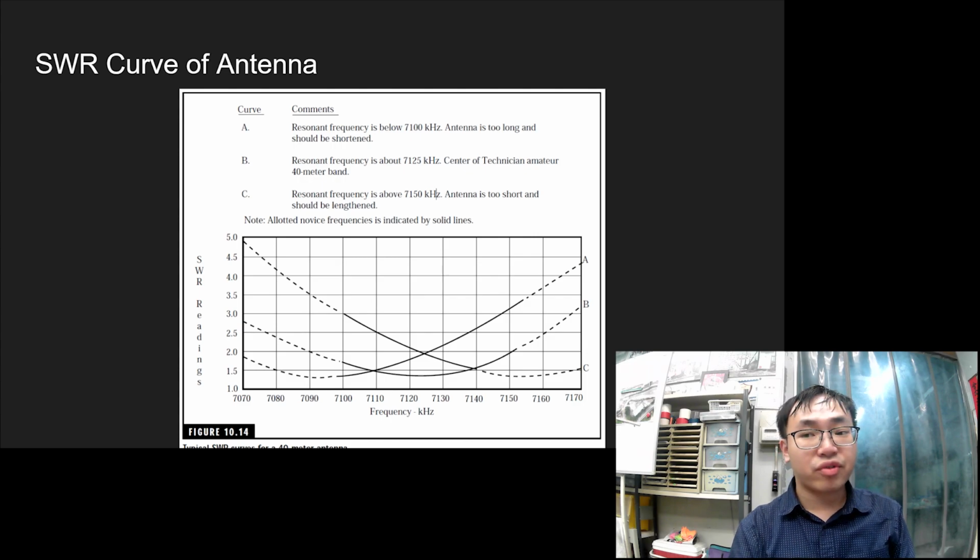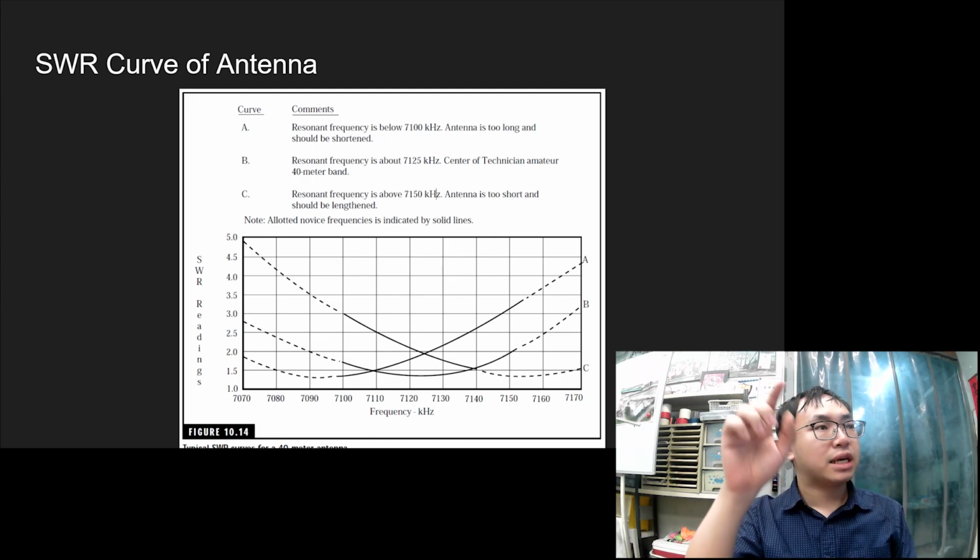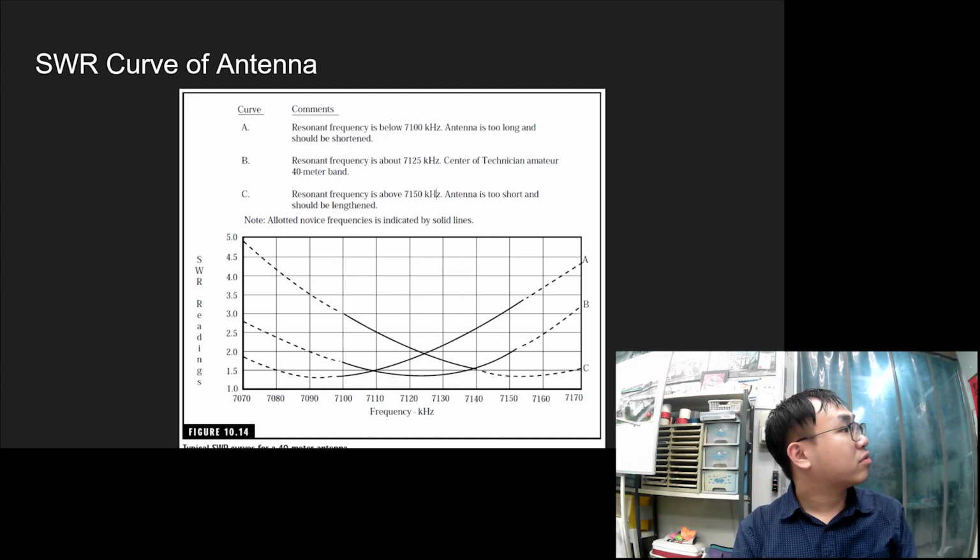So to increase the frequency, you shorten the antenna, you trim the antenna. Why? You have to recall the equation F equals C over lambda. When frequency increases, wavelength decreases.